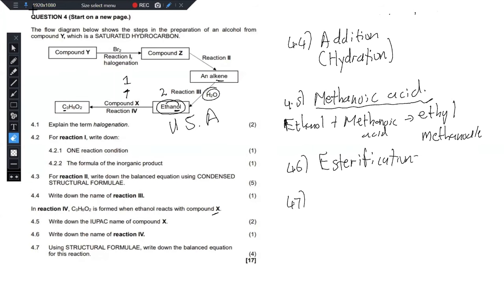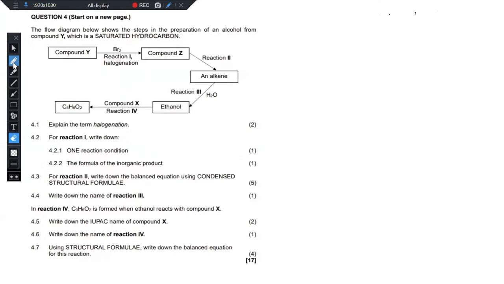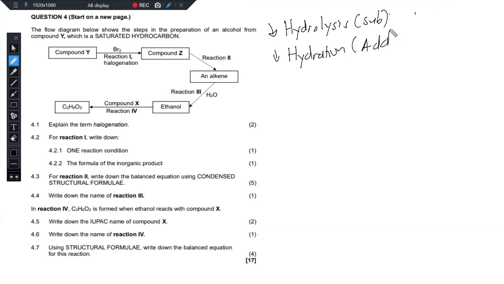So of all the reactions that they will want you to draw the structural formulae or the condensed structural formulae are this. So it's either your hydrolysis, which is a substitution reaction, and then they will want you to draw for hydration, which is an addition reaction. So you can go and check this. And then it can also be dehydrohalogenation, which is an elimination.